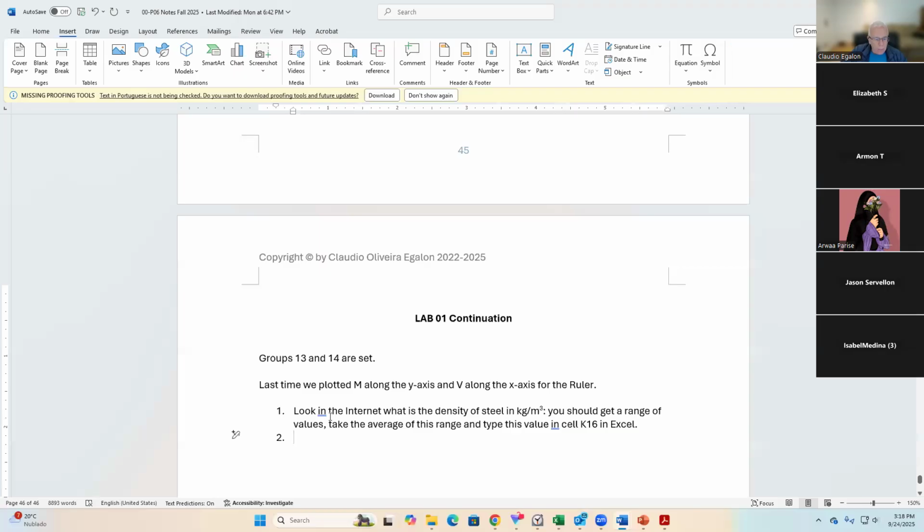Look for the value of the density of steel in the internet.